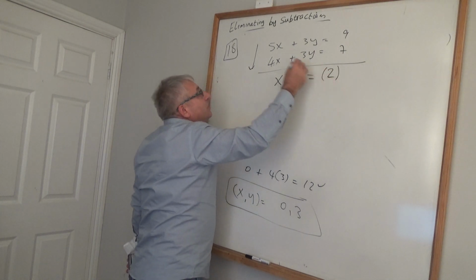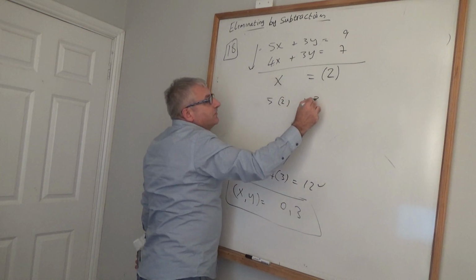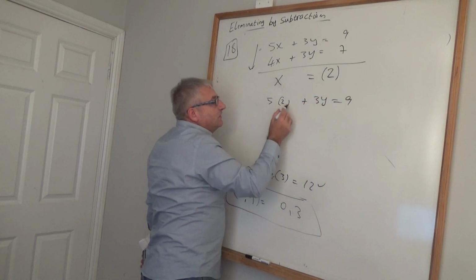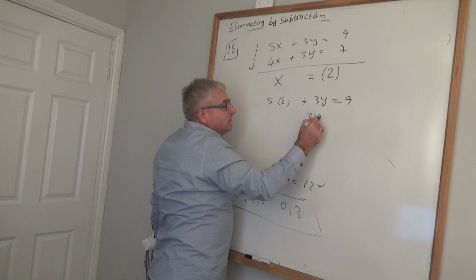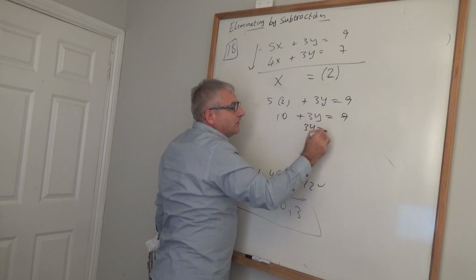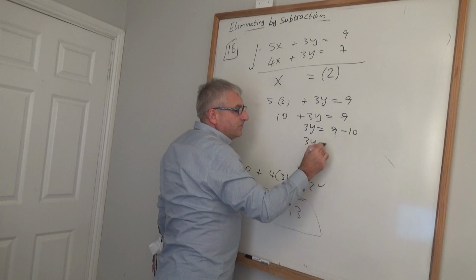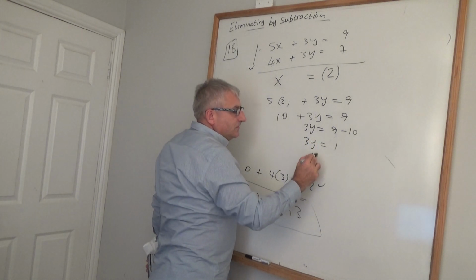I'll sub him here, getting 5 times 2 plus 3y equals 9, that's 10. So that's 10 here. Take 10 from both sides. Simplify, divide by 3.